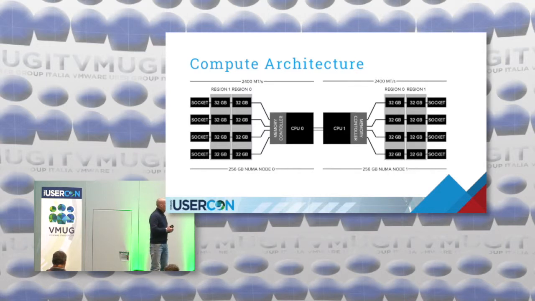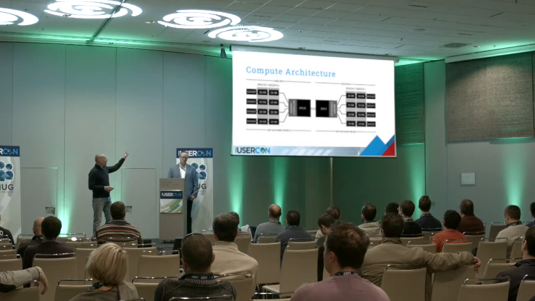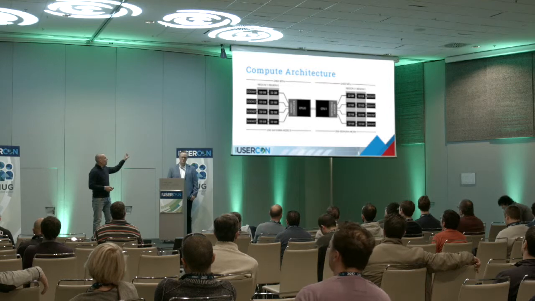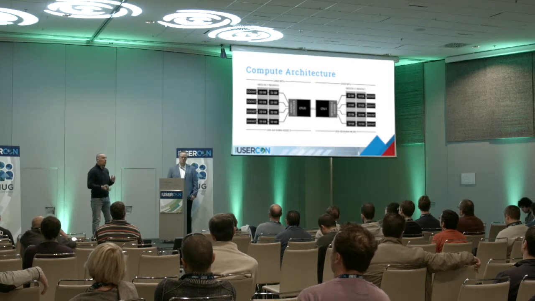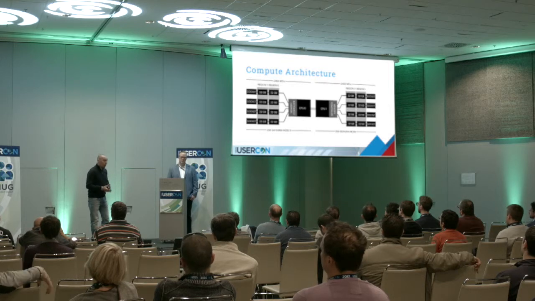So in this case, we have 256 gigs of memory attached to a physical CPU. Because we have two physical CPUs, you have 512 gigs of memory. Please be aware that this is configured equally here, but there are a lot of systems that don't have that configured identically. So check that out as well in your system.